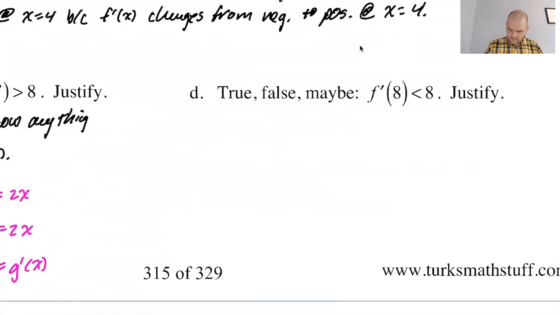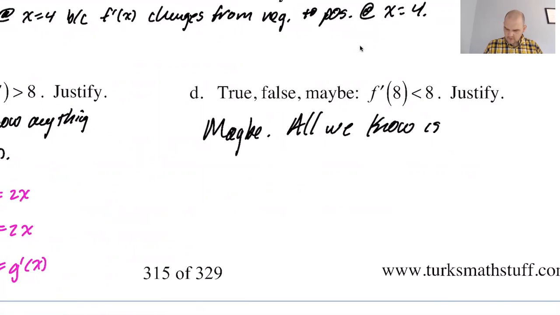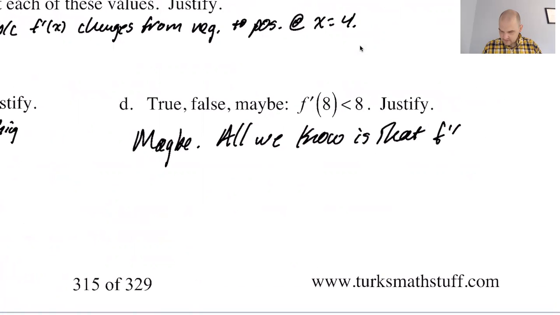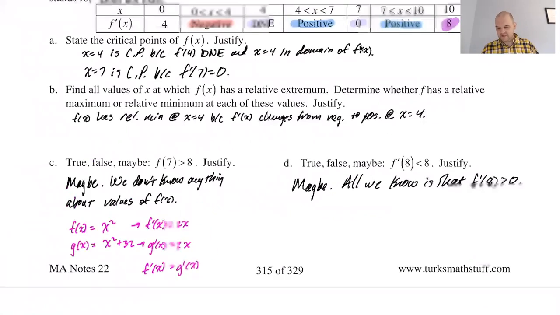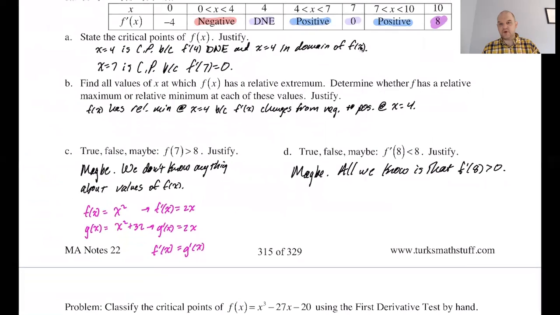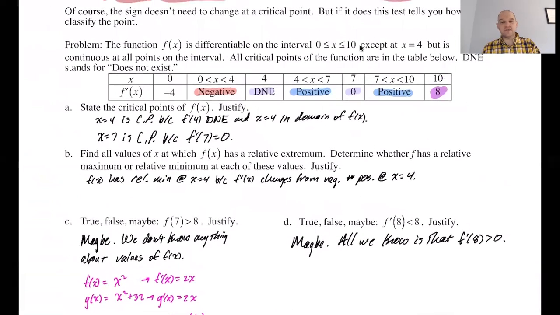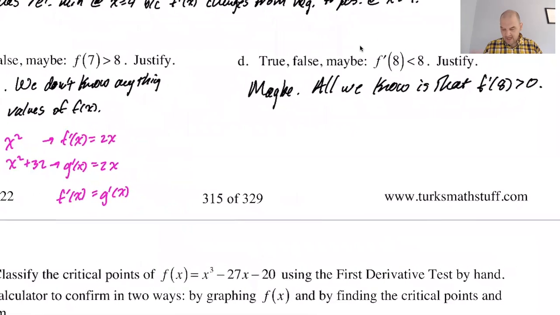So let's say maybe. And I'm going to say all we know is that f prime of 8 is definitely positive. We don't actually know anything, right? So if you were going to graph f prime, I need f prime of 7 to be 0, I need f prime of 10 to be 8, and I just need f prime to be positive in between.